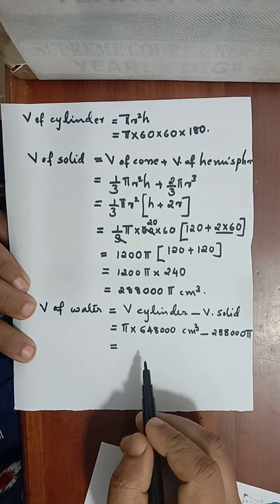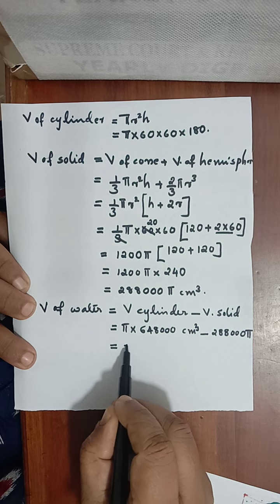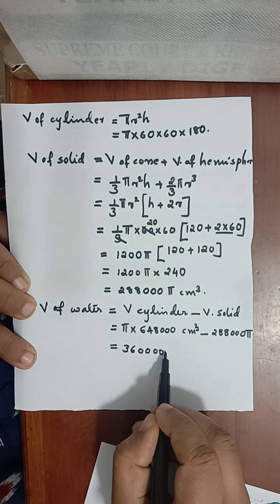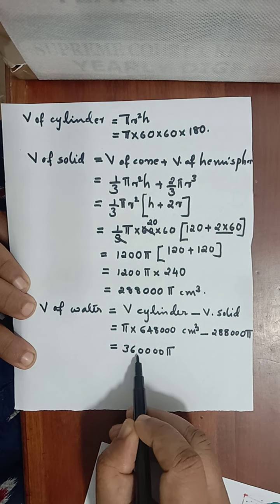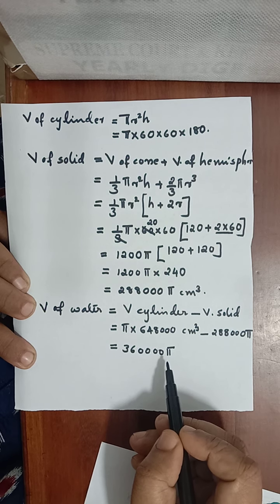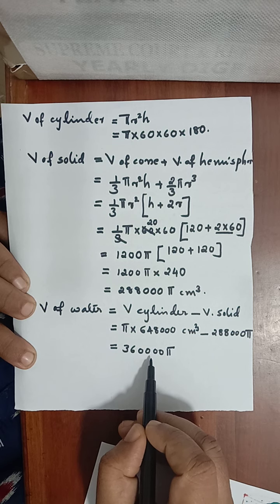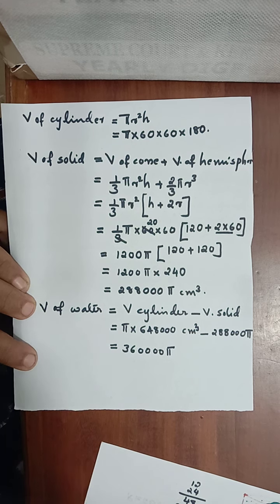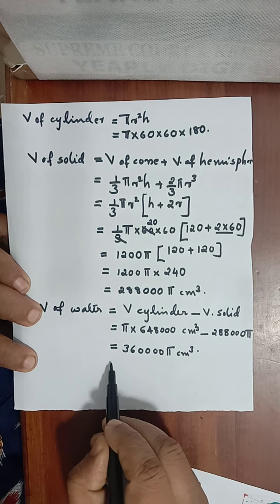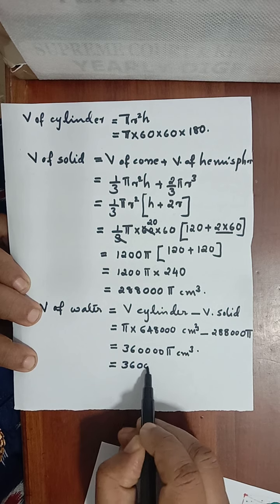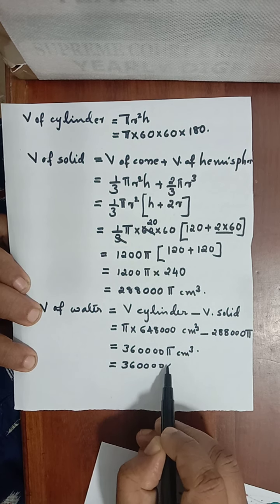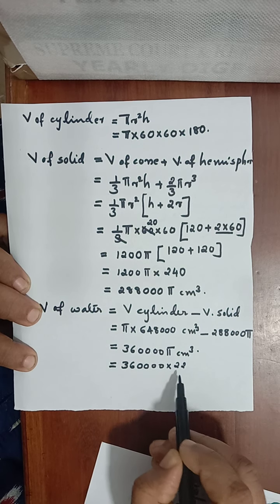When you subtract, what do we get? We are getting 3,60,000 pi cm cube. Now let us multiply with the pi value, 22 by 7 here we have. 3,60,000 into pi value 22 by 7.